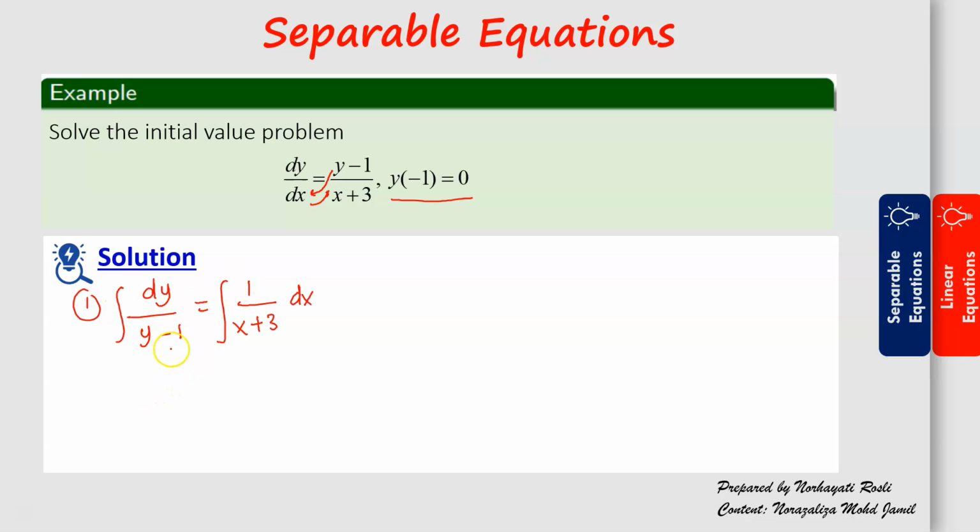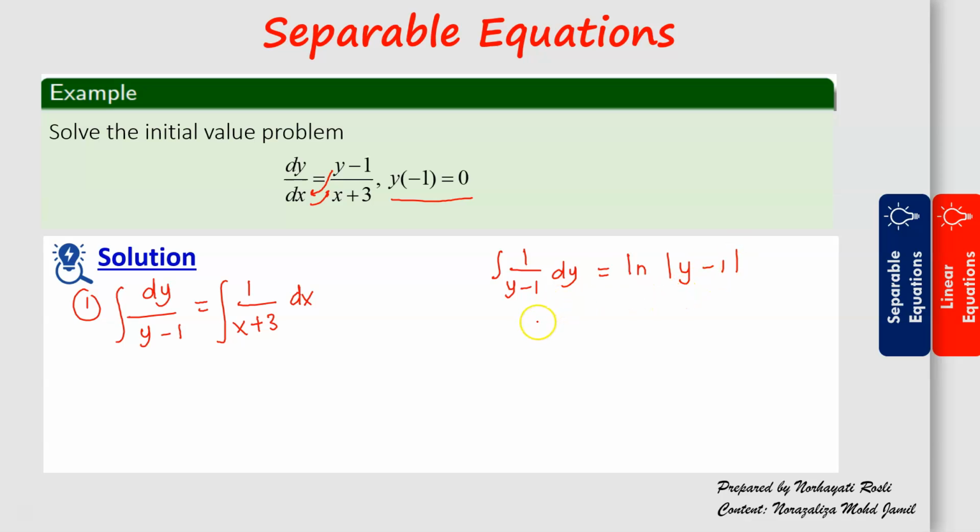Where you got 1 over some function, the answer should be in terms of a logarithm. We integrate 1 over (y minus 1) dy, and you will get ln of (y minus 1).